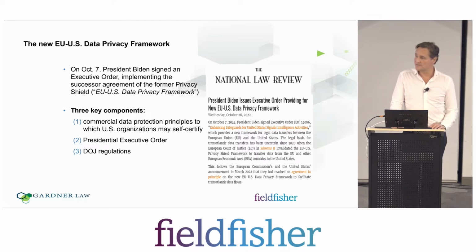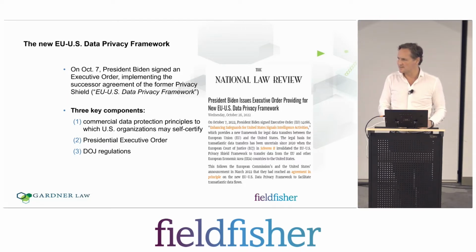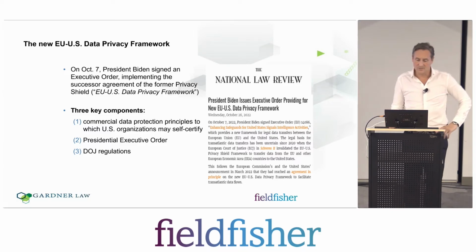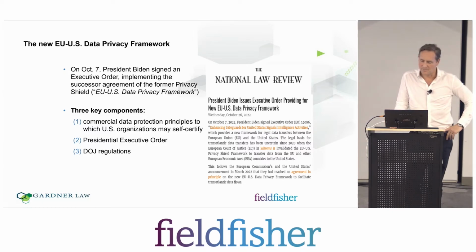And the other one was the very far-reaching rights of surveillance agencies, and both topics have been addressed by this presidential order now. There is, in particular, a new data protection review court that will be established at the Department of Justice, and that is one very important part of this new data privacy framework.